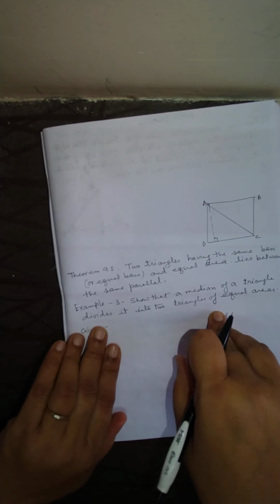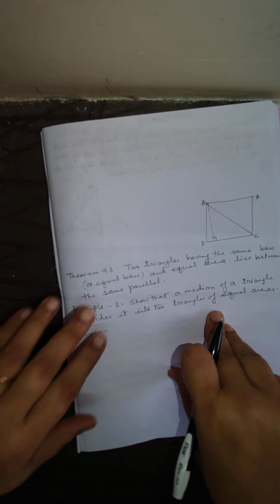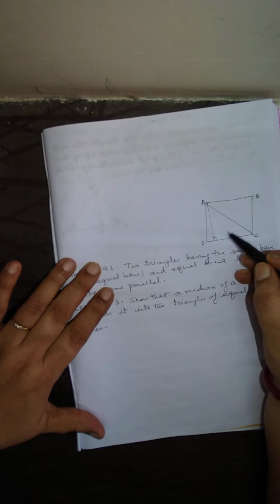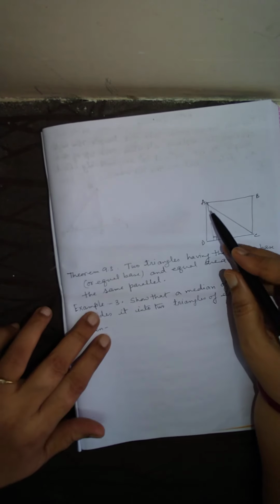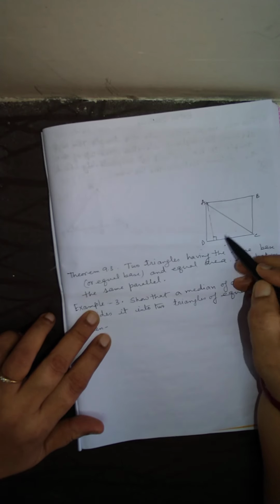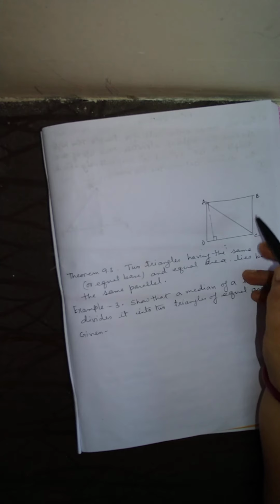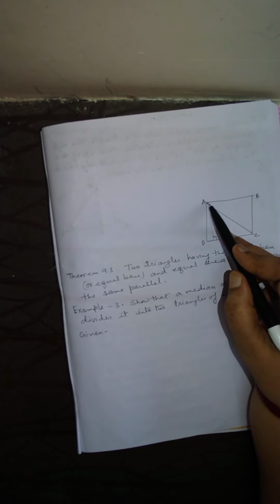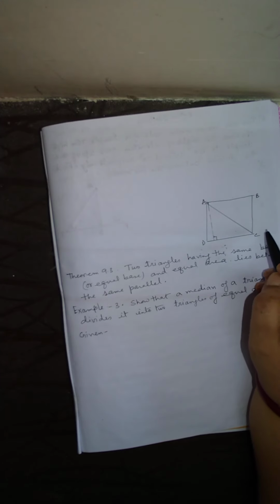Now, in the theorem it was that if the two triangles have equal base also, so thus in the parallelogram, as the opposite sides are equal, these two triangles have equal base, and they are between the same parallel lines AB and BC.